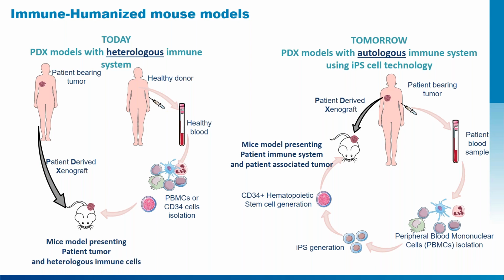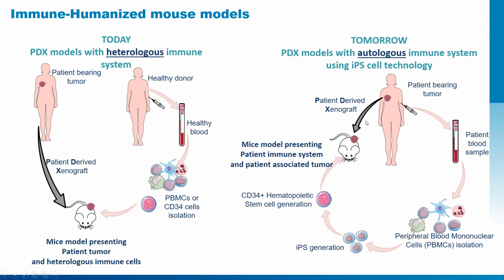And very briefly, today with immune-humanized animals, we are working with a heterologous system. We are using PBMC or immune cells that are coming from one donor and the tumor from another donor. So it's really helpful, but now we are trying to develop more predictive models with an autologous system where immune cells and tumor cells are coming from the same patient.